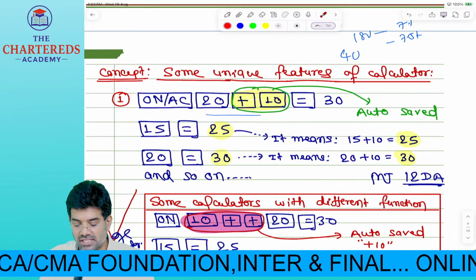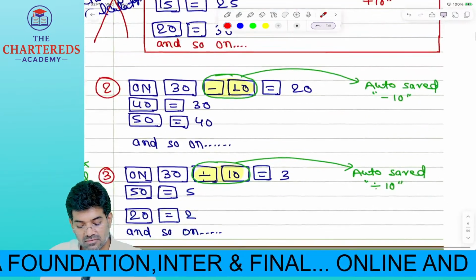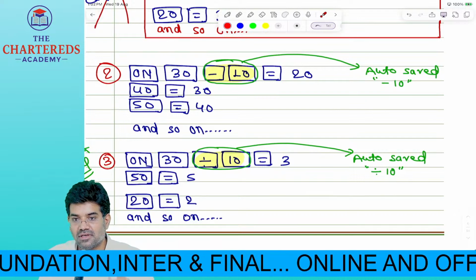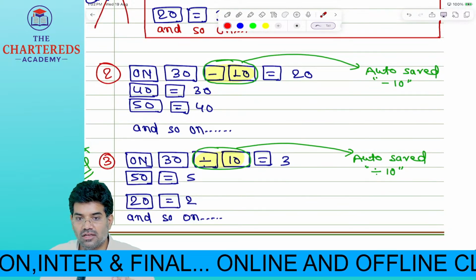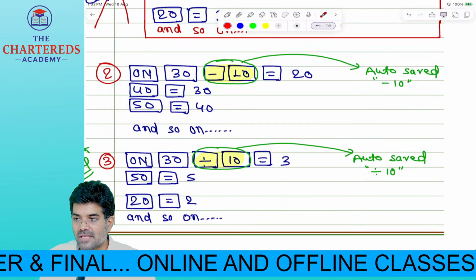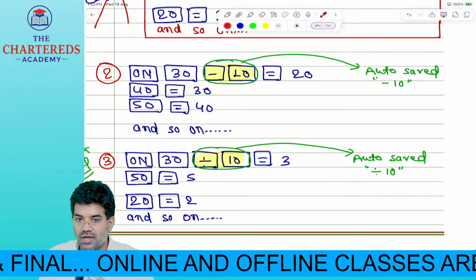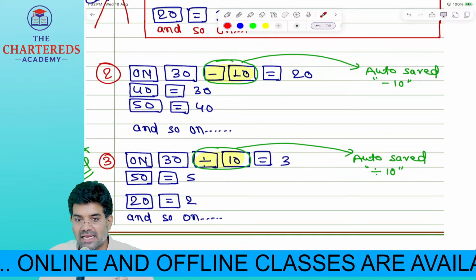Now the minus function is the same. Do this calculation. All clear? 30 minus 10, how much are you getting? 20. Now in the calculator memory, what is saved? Minus 10 is saved.